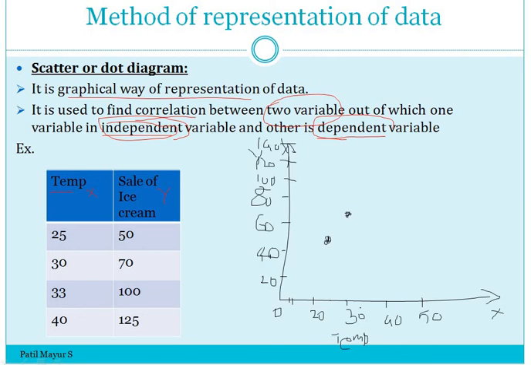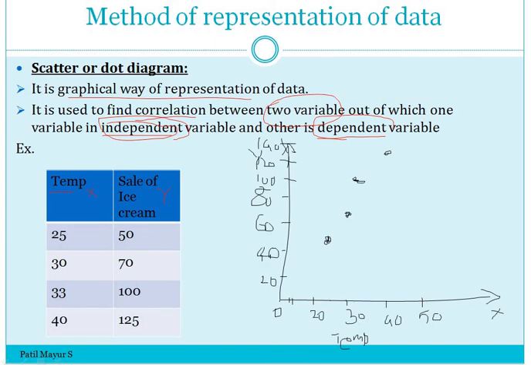For 33, the sale of ice cream is 100, so it is very high. This is the third dot. And for 40, it is 125, here somewhere. So we have plotted dots using two variables, out of which one is the independent variable and the other is the dependent variable.